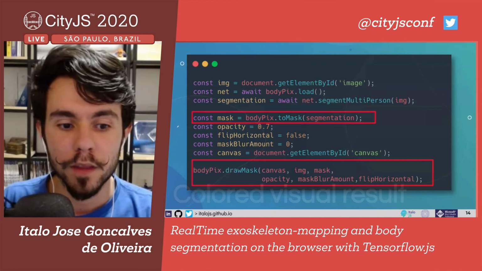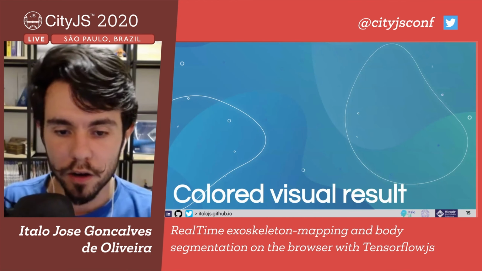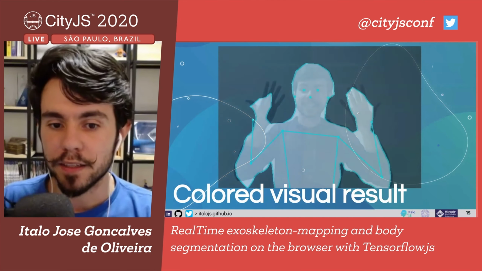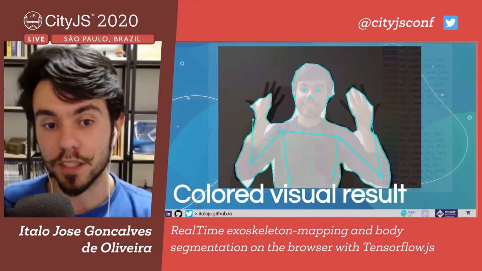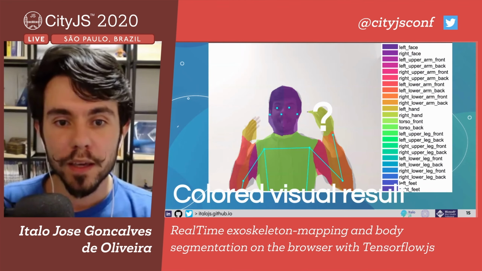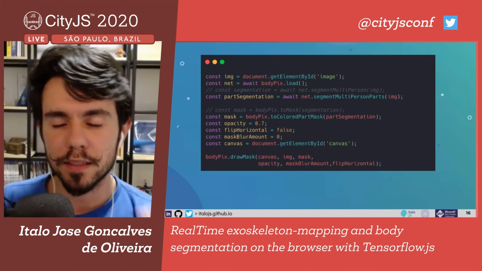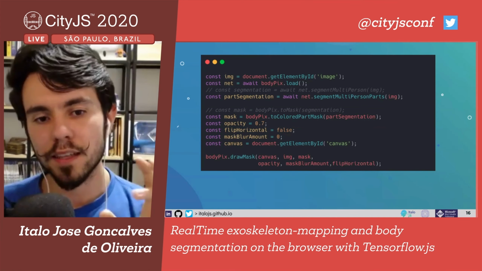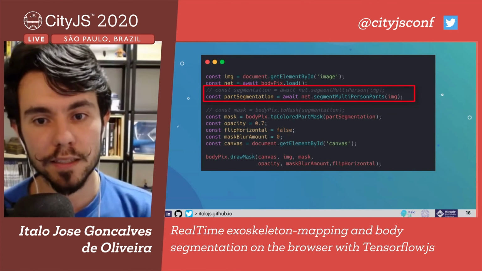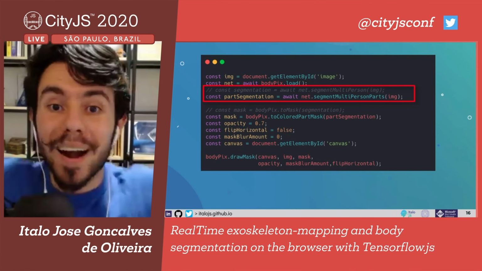Okay, so how can we get a colored visual result and segment my body differently, from this image to this image? How can we get it? We can use quite the same code, but we have some differences here. The first one is the segment person parts method.